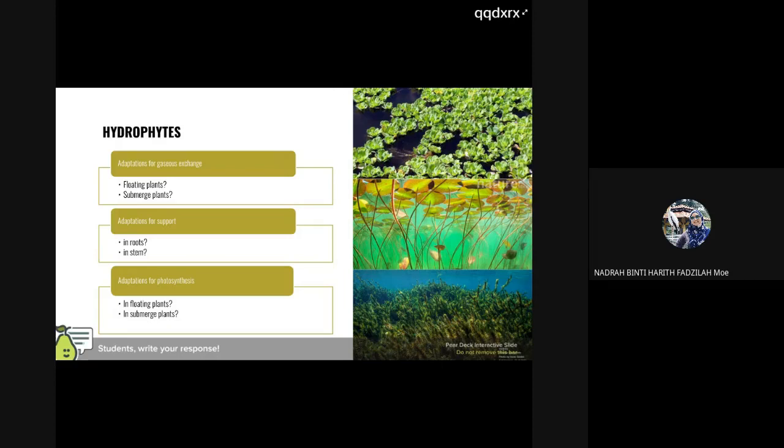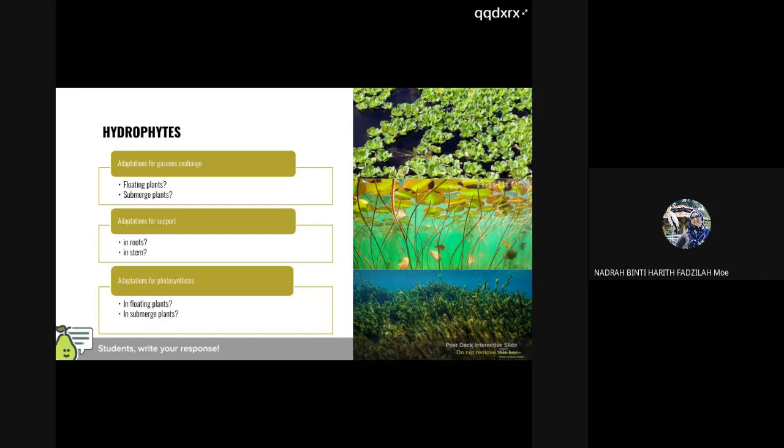Okay, untuk hydrophyte, for gaseous exchange, can you describe the adaptation for floating plants and submerged plants. Okay, saya bagi contoh satu untuk floating plants. So, floating plants, dia punya stomata are distributed on the upper epidermis of the leaf.